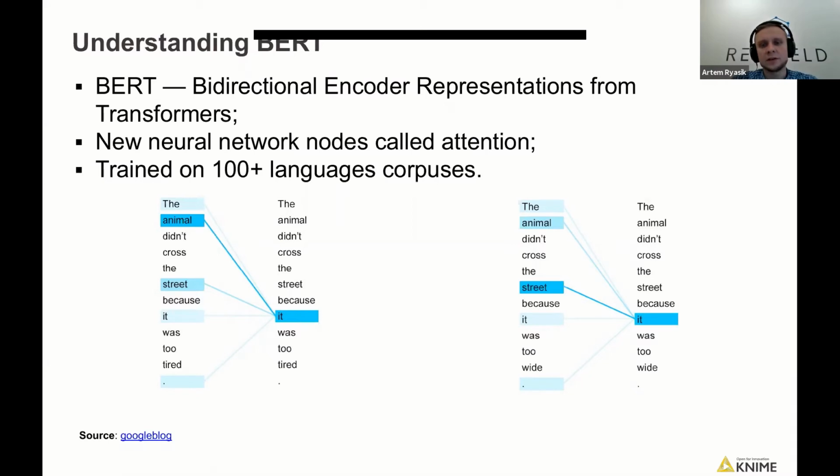Animal and street both have neuter gender, but in other languages, let's say Spanish, French, German, these words might have different gender, and in order to perfectly match the noun and pronoun, we need to have this attention.